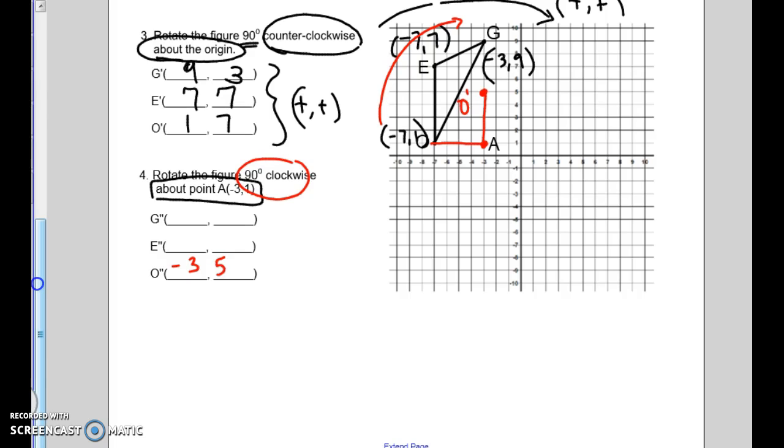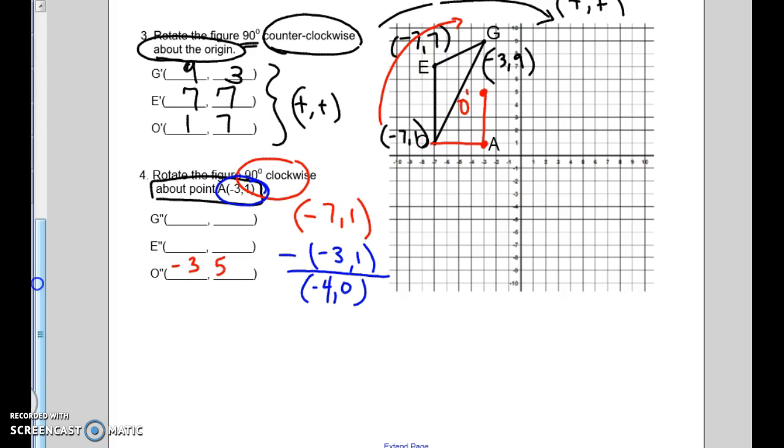I also taught you in class the mathematical way to handle that. And point O is at negative 7, 1. I said that we could take the center point, negative 3, 1, and subtract it. So negative 7 minus a negative 3 would give me a negative 4, and 1 minus 1 gives me 0.